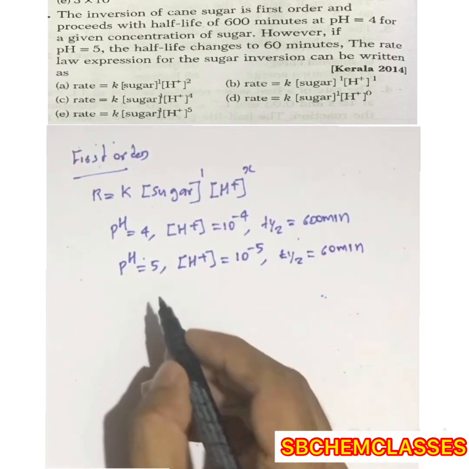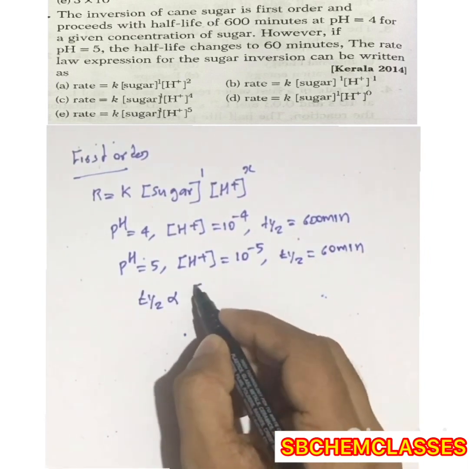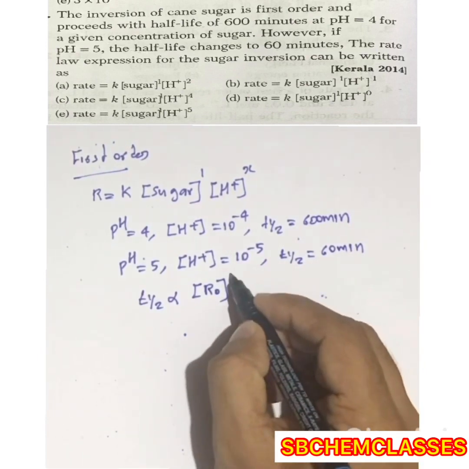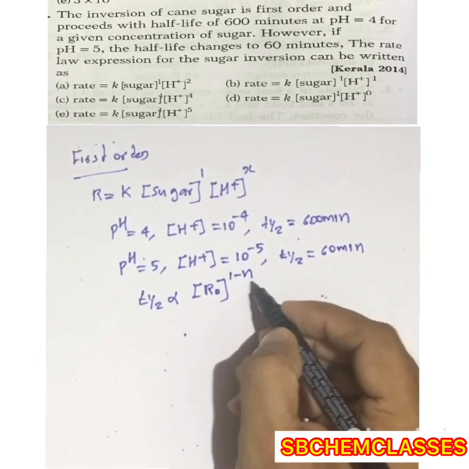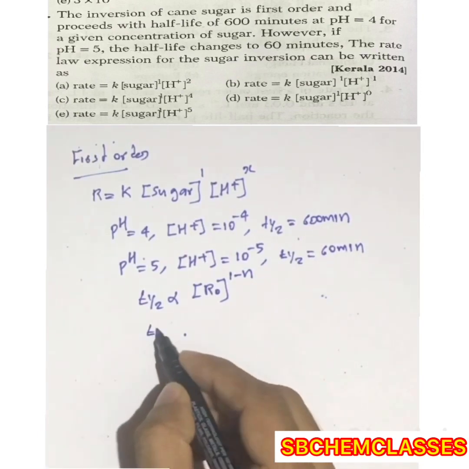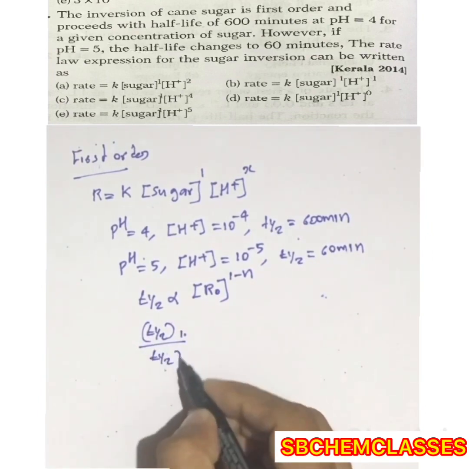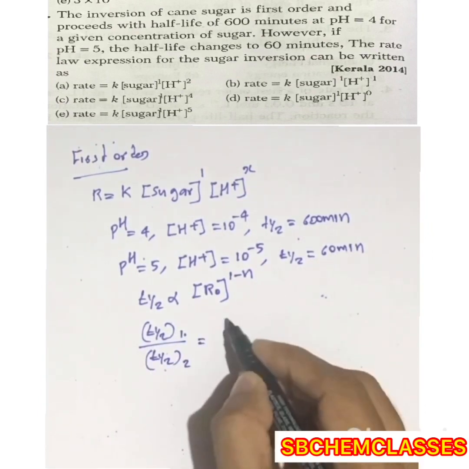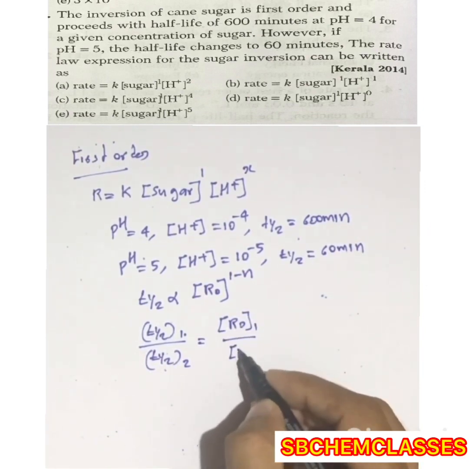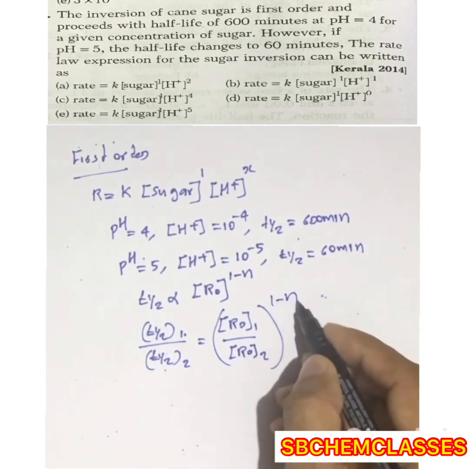We know the equation: T half is directly proportional to initial concentration of reactant raised to 1 minus n, where n is the power. So T half 1 by T half 2 equal to R0 1 by R0 2, all raised to 1 minus n.